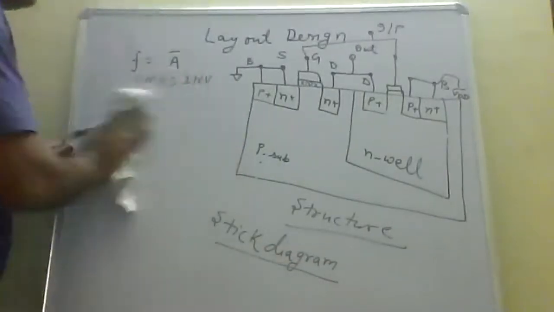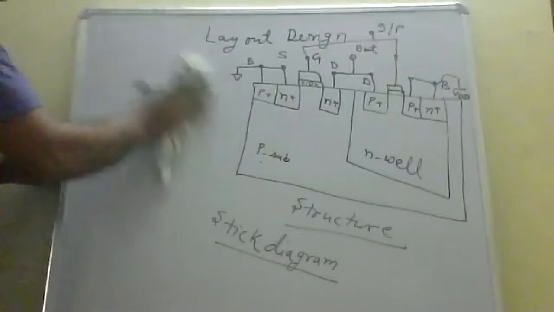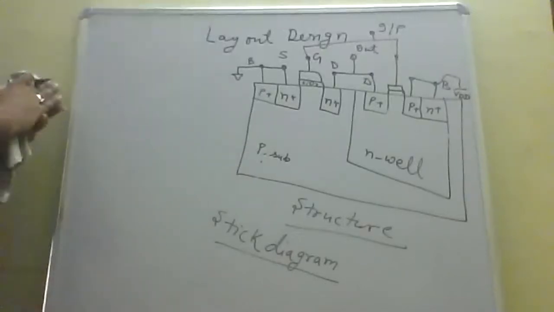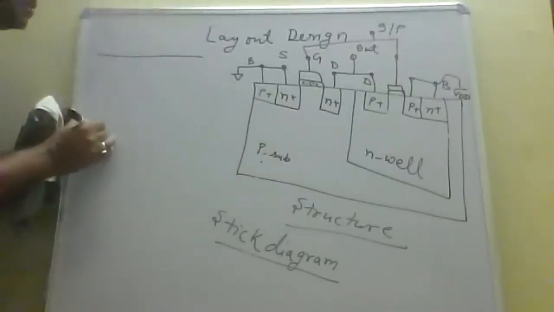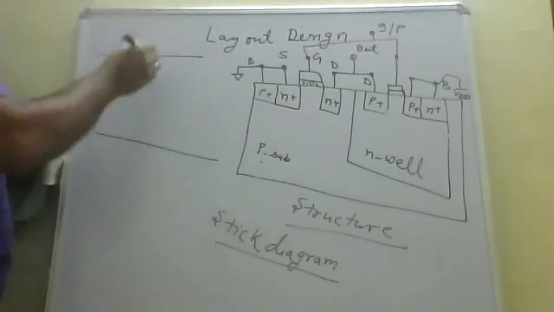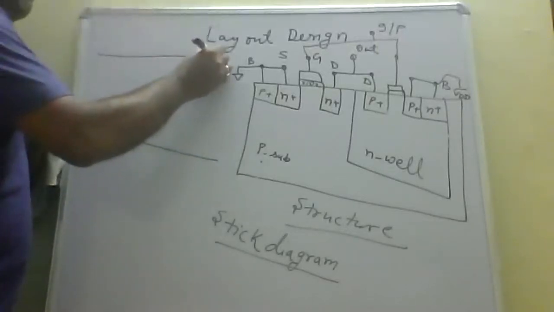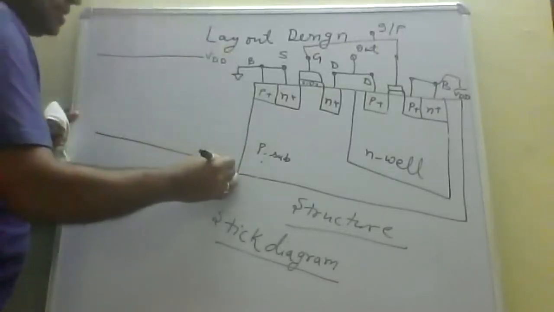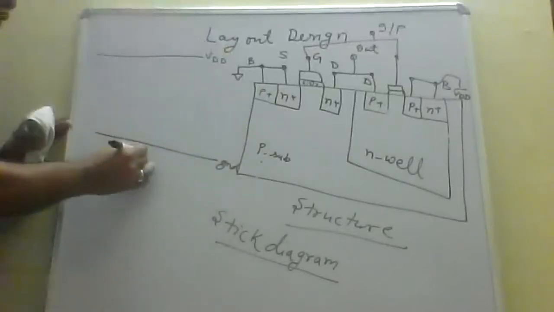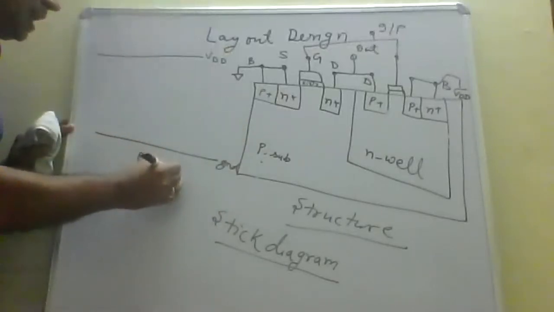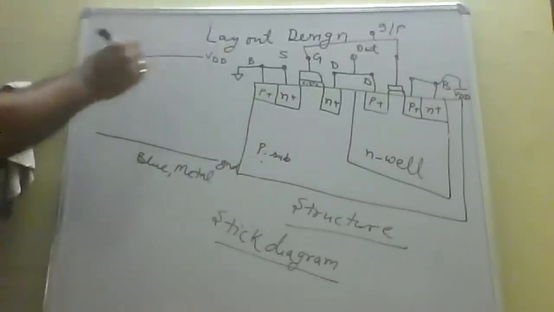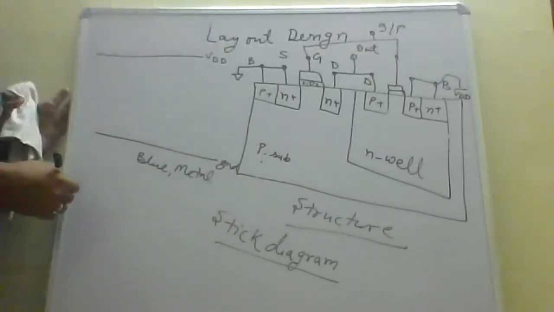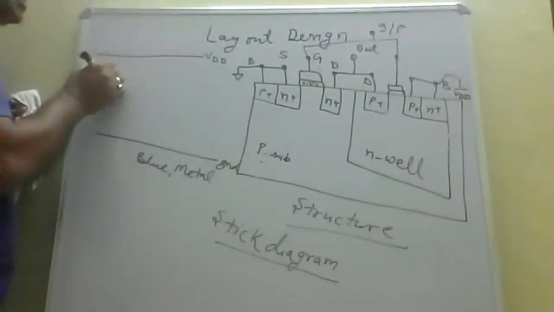Stick diagram for an inverter, or for any case, will first of all be a colored diagram. These two are always used: one is VDD and another is GND. Both will be of blue color, and these are metal lines.